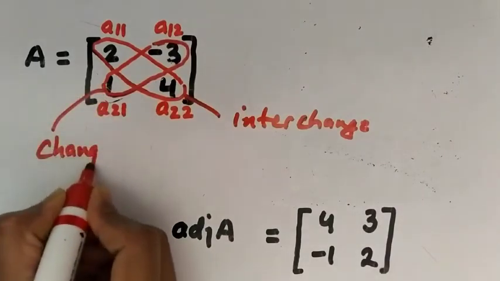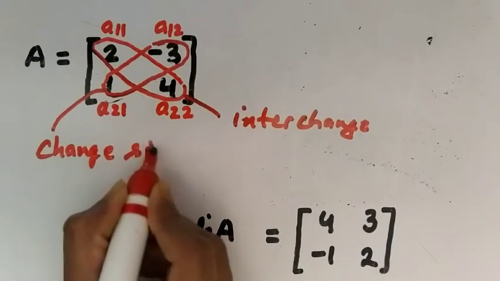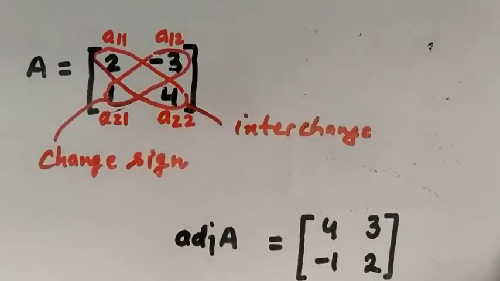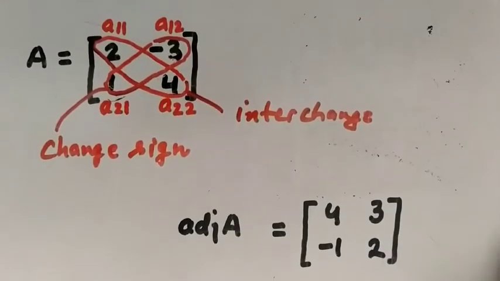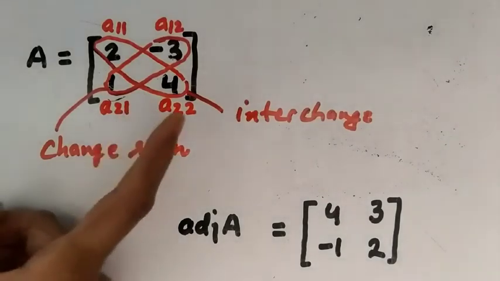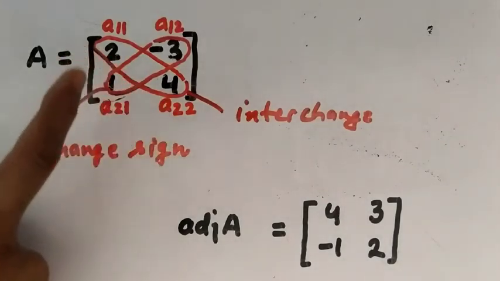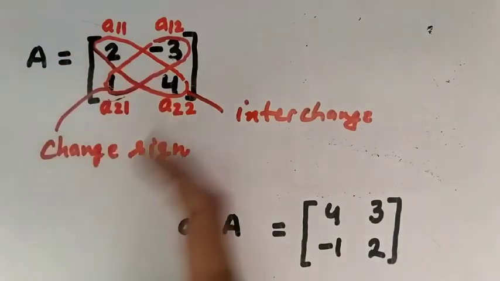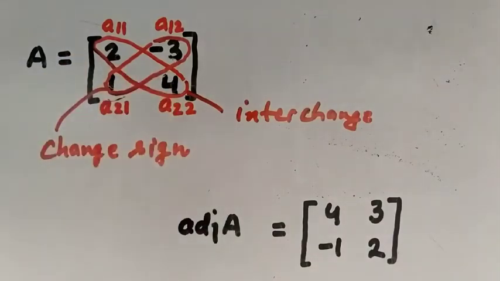So students, without finding cofactors, we can directly find adjoint of square matrix of order 2, and you can see we can directly find. So what to do? Just interchange diagonal elements and change signs of non-diagonal elements, and you will directly find adjoint of given square matrix A.